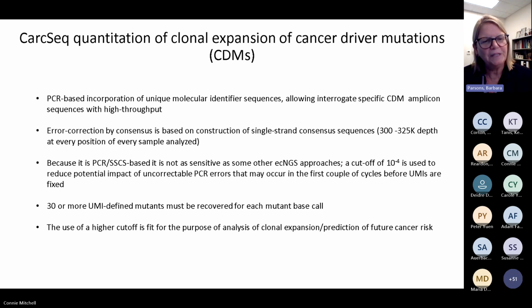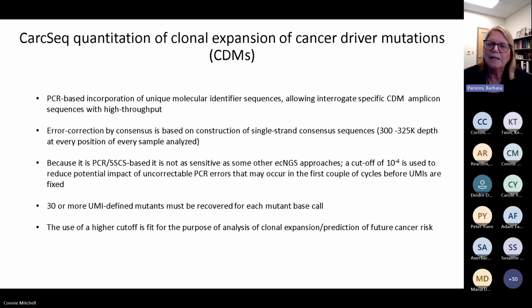But because it's PCR single-strand consensus sequence based, it's not as sensitive as some other error correction approaches. So for this reason, we apply a cutoff of 10 to the -4 to reduce the potential impact of uncorrectable PCR errors that may occur in the first few cycles before UMIs are fixed at both ends of each molecule.